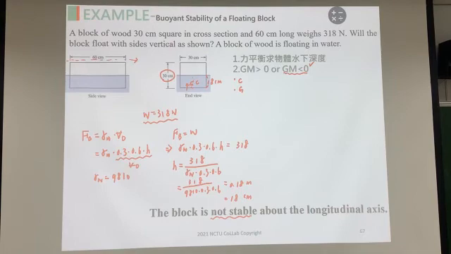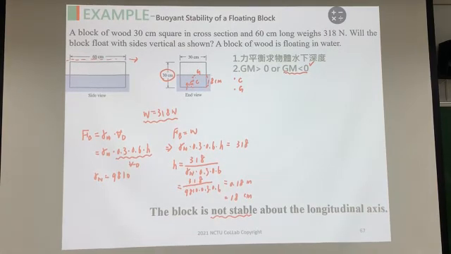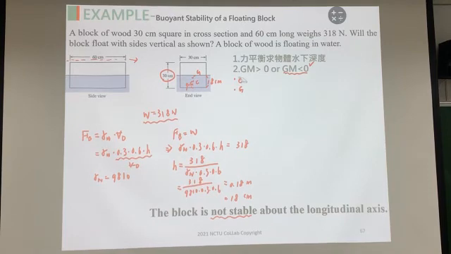So G is here. I just replot here: this is C, and this is the bottom.